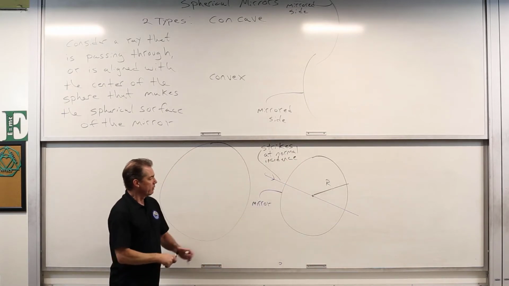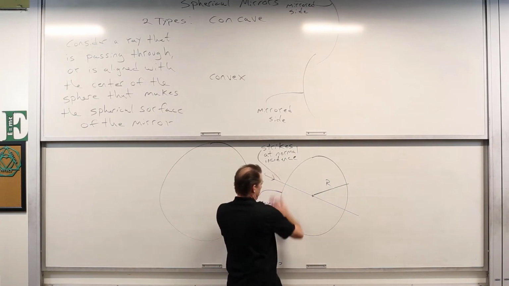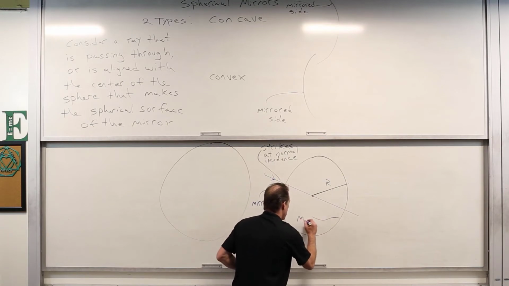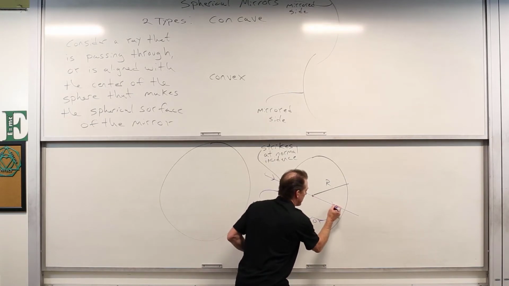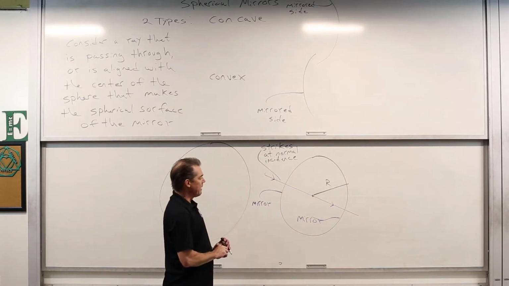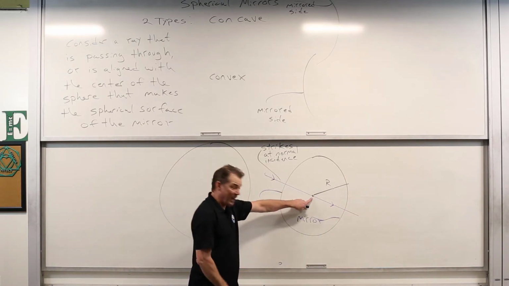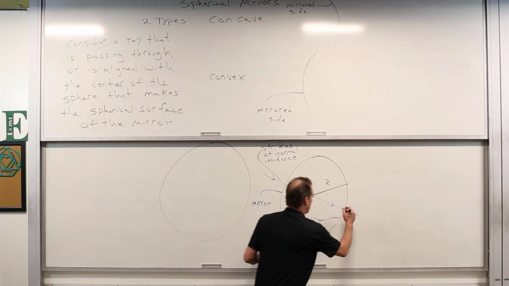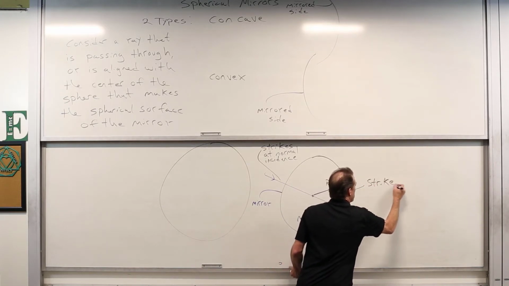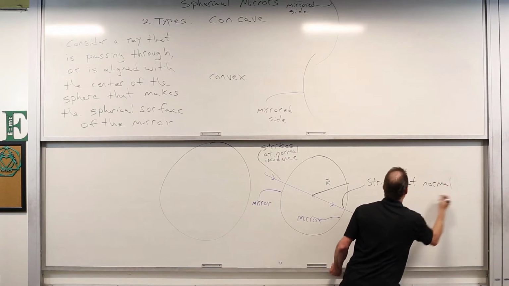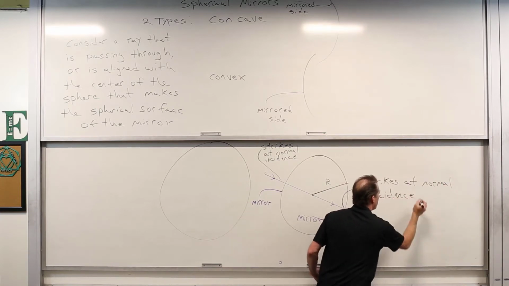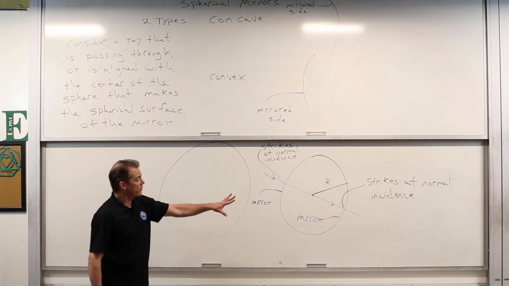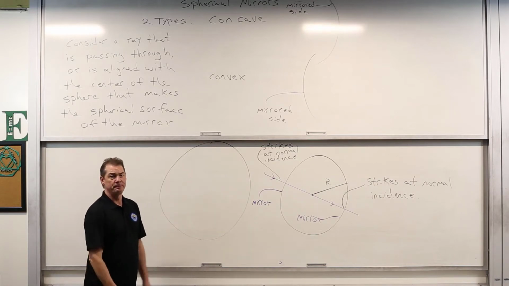incidence. All right, so let's just go ahead and consider this ray that, or this isn't the surface of the mirror, that this is the mirror here. So this ray is like this. Well, what angle is it striking right there at? Well, again, if it's aligned with the center, then it has to be completely radial, which means that it's striking at normal incidence. So what can we say about a ray that is either aligned with or goes through the center of a spherical sector, if you will?